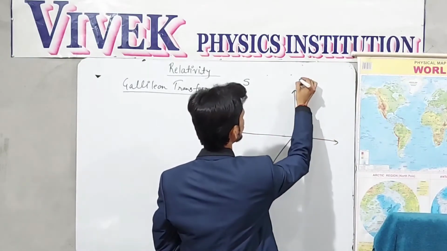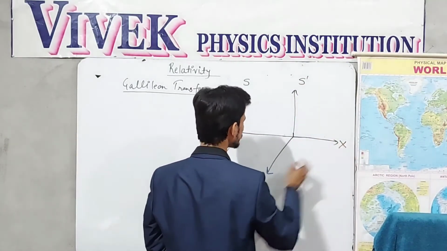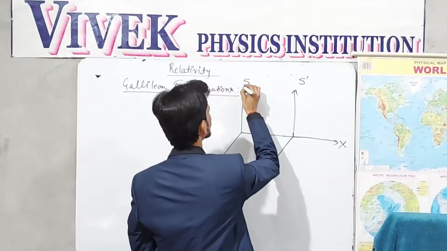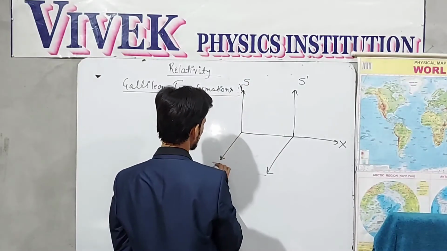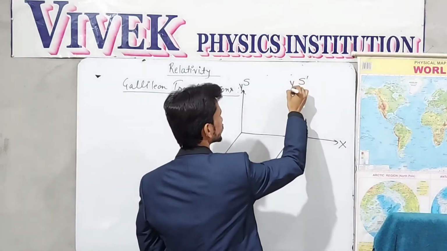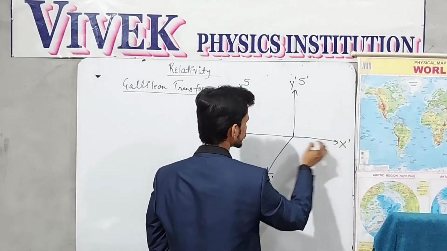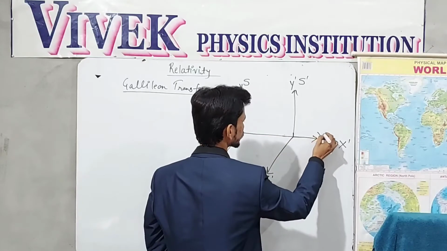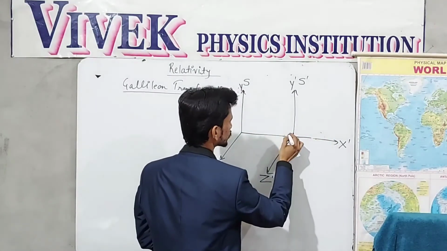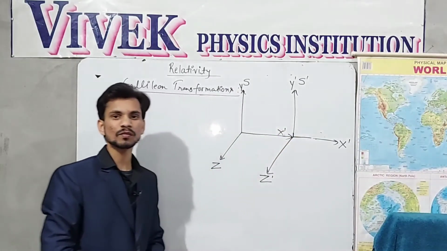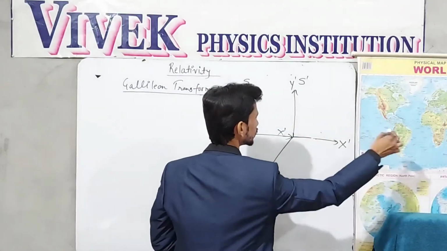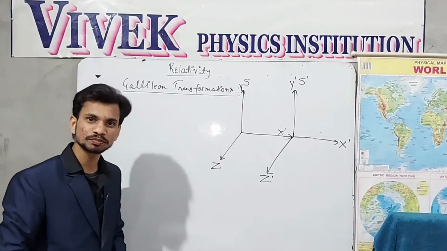Let's say this is S dash, with its x dash axis, y dash axis and z dash axis, and this is the x axis for the first frame of reference. Now this complete system is moving with velocity v in the positive x axis direction.